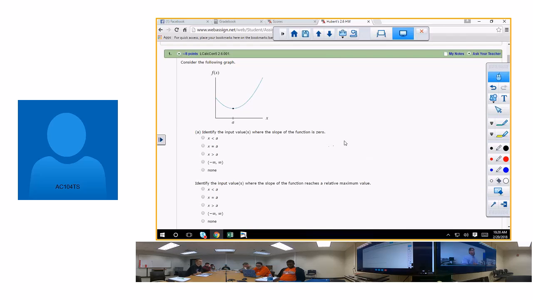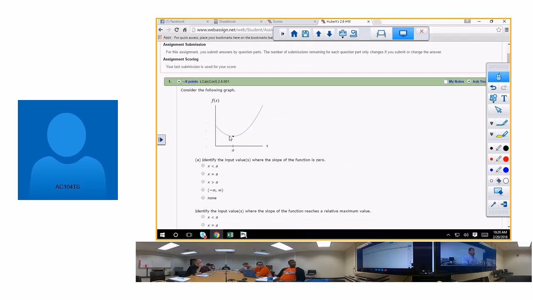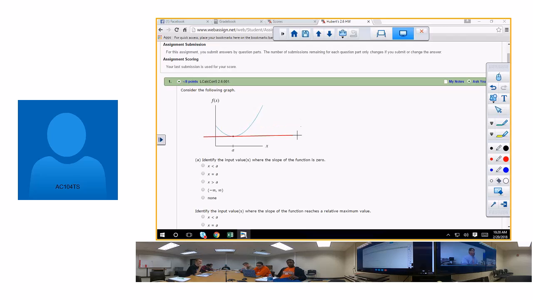Okay, this is where you have to draw a slope line. I think all of you can draw a slope line at this given point. What is the tangent line at point A? What kind of a line will it be? I'm asking y'all. It's going to be a horizontal line.